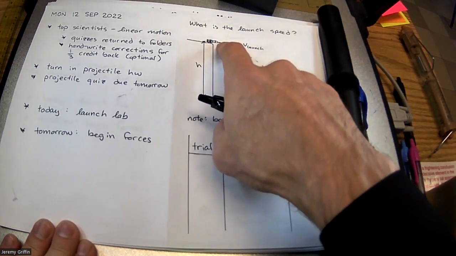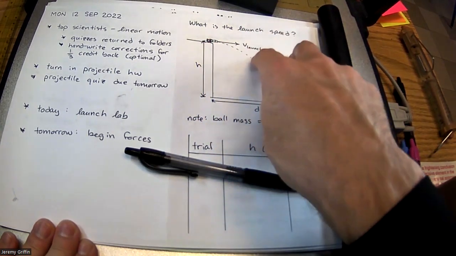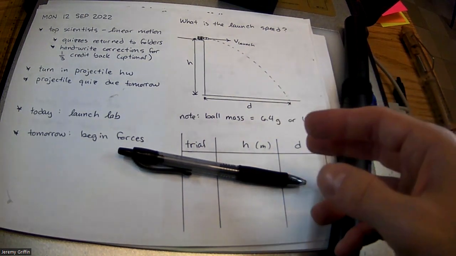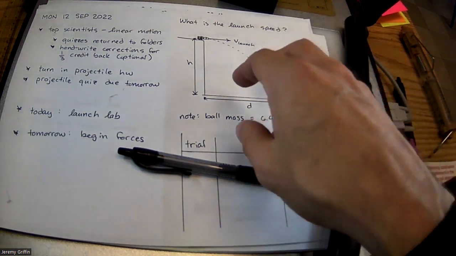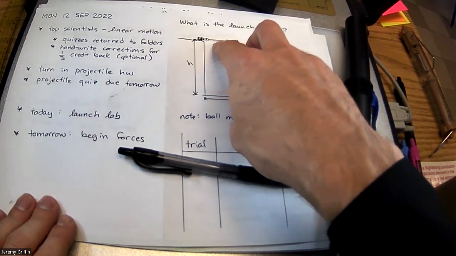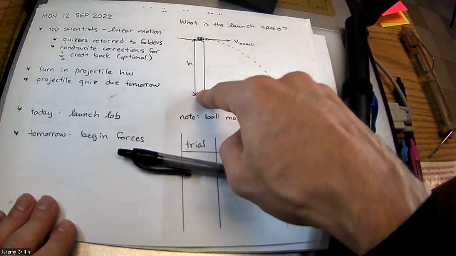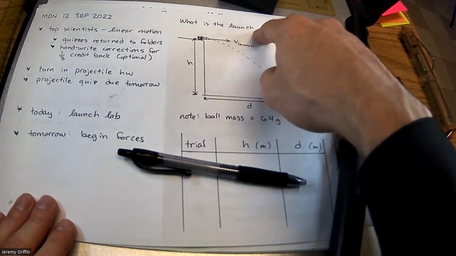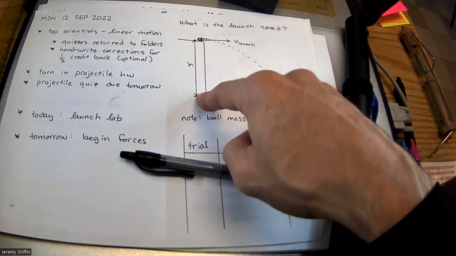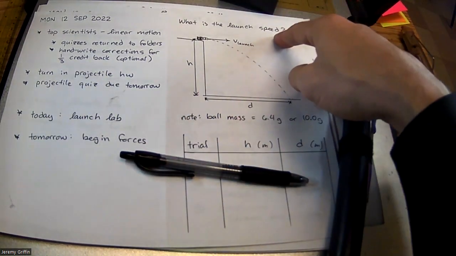The fact that this cannon is aimed horizontally, is this horizontal speed going to stay the same all the way across? Yeah, because gravity doesn't pull right and left, and we can basically ignore air drag. That's probably a negligible effect. So we're going to say the launch speed is the horizontal velocity, and if that's true, then is this horizontal displacement divided by the time of fall just the answer to that question? Yeah. So if you know how many meters this is, and you pull out the stopwatch and divide those two numbers, that could do it for you.